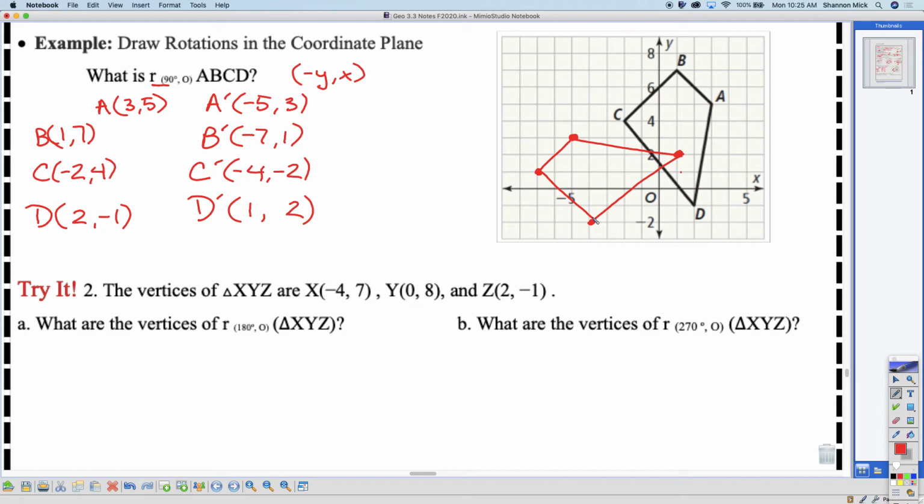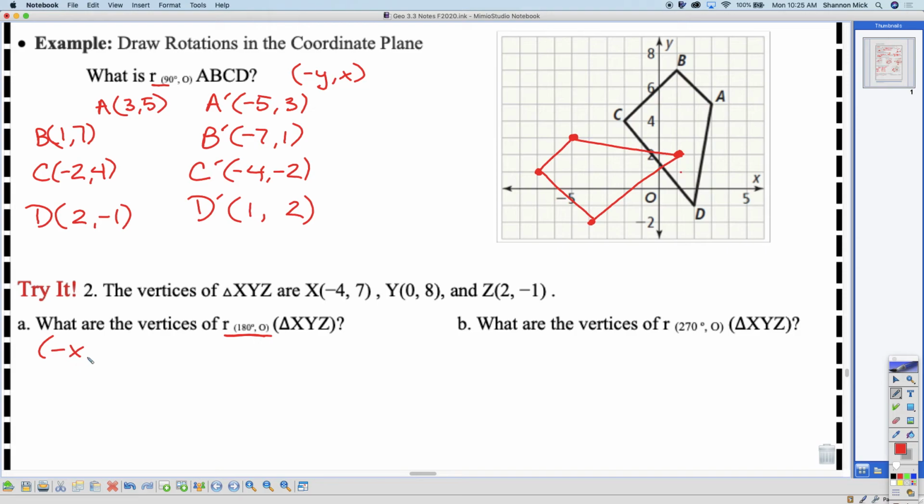So I just used my rule, right? So the next one is we got the triangle X, Y, Z. So we have 3 points, right? And we're supposed to rotate it what? 180. So what's my rule for 180?